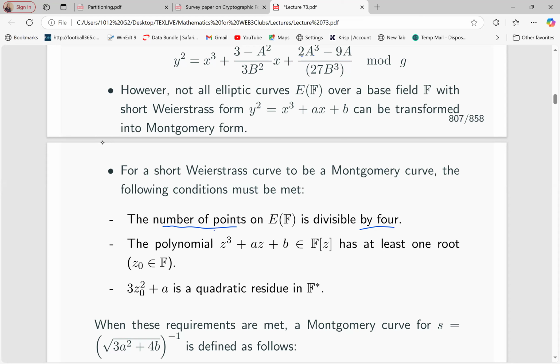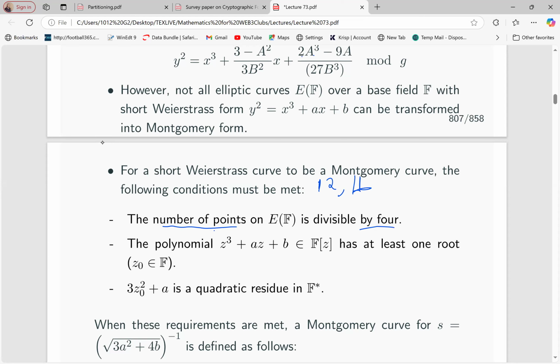So if the short Weierstrass form has 12 points, for instance, then it can be converted to Montgomery. If it has 16 points, it can be converted.